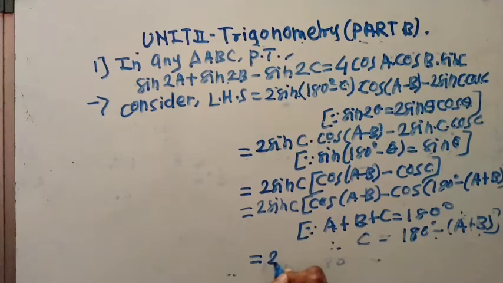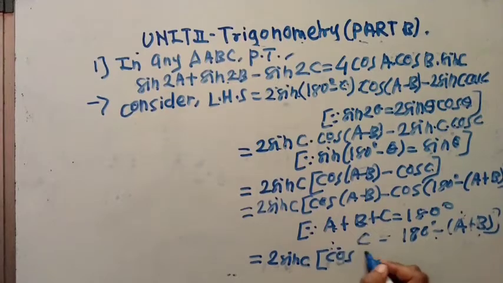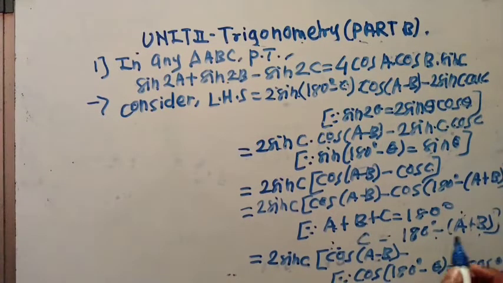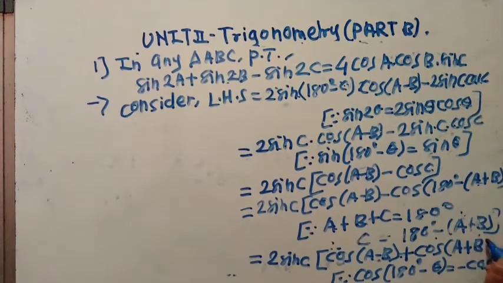Hence 2 sin C, cos (A minus B), but we know that since cos (180 degree minus theta) is equal to minus cos theta, so minus minus plus cos theta means plus cos (A plus B).